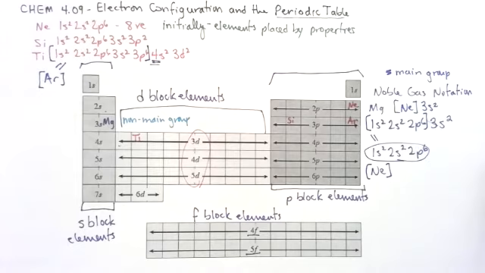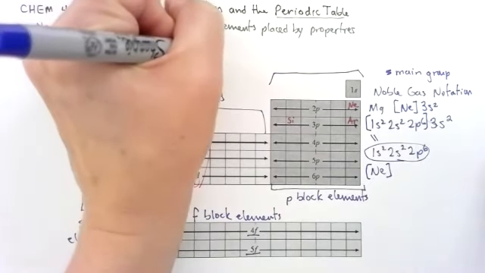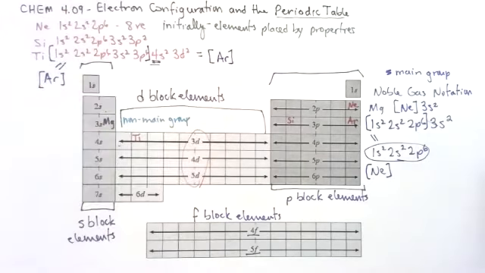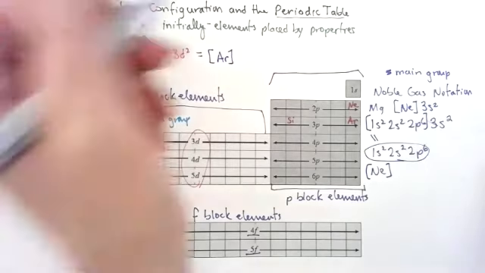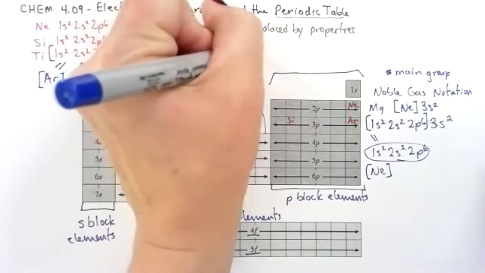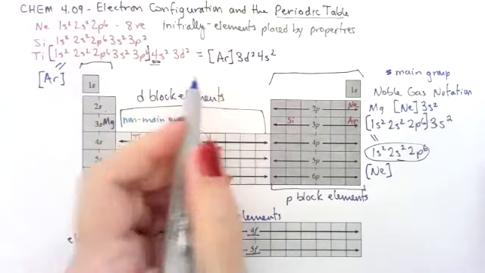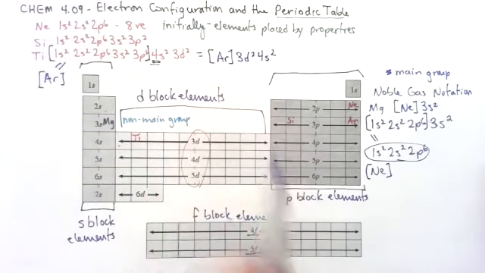So I can rewrite titanium as argon. Now, technically, the better way to write this is 3d2 4s2, because you want to put your main energy levels in order. But I won't count off on a test if you put 4s2, 3d2. So this makes it a little bit easier.